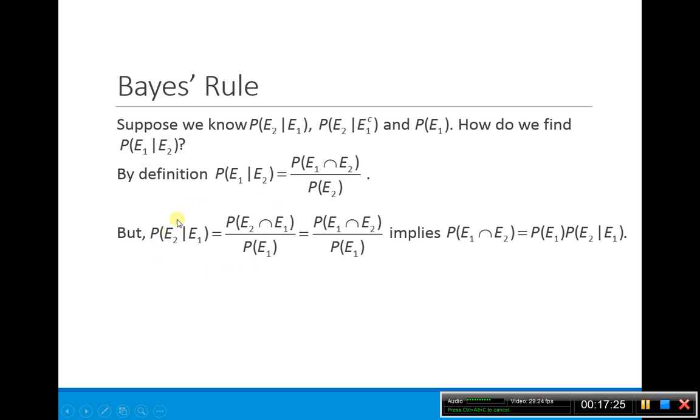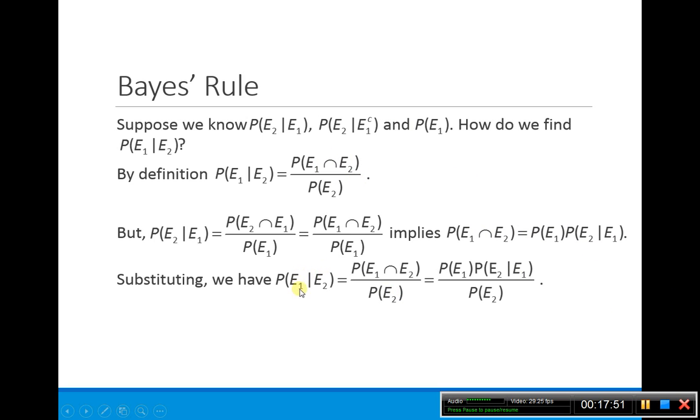This again is by definition. But E2 intersect E1 is the same thing as E1 intersect E2. Exact same thing. So what this implies is the probability of E1 intersect E2 is equal to the probability of E1 times the probability of E2 given E1. So that kind of goes up there.